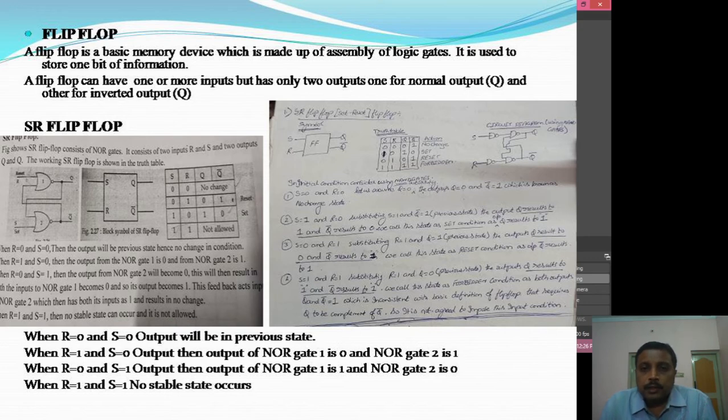So when S is equal to 1, the output of the first NAND gate would be 0. Also the second NAND gate is receiving another input Q bar, which is in its previous state as 1. So 1 into 0 is again 0. A complement of 0 is 1. So Q state changes to 1 from 0. When S equal to 1, Q is equal to 1.